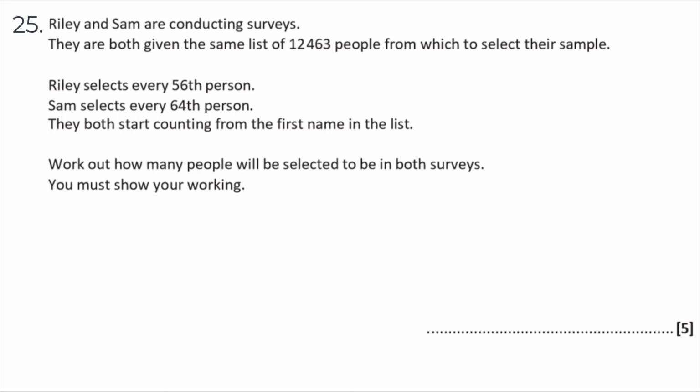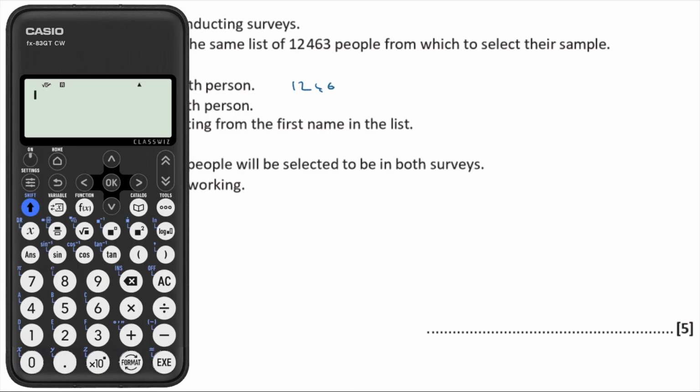Okay, so if I'm starting from person number 1, and I'm doing every 56th person, how many times am I going to be able to do that? What is 12,463 divided by 56?